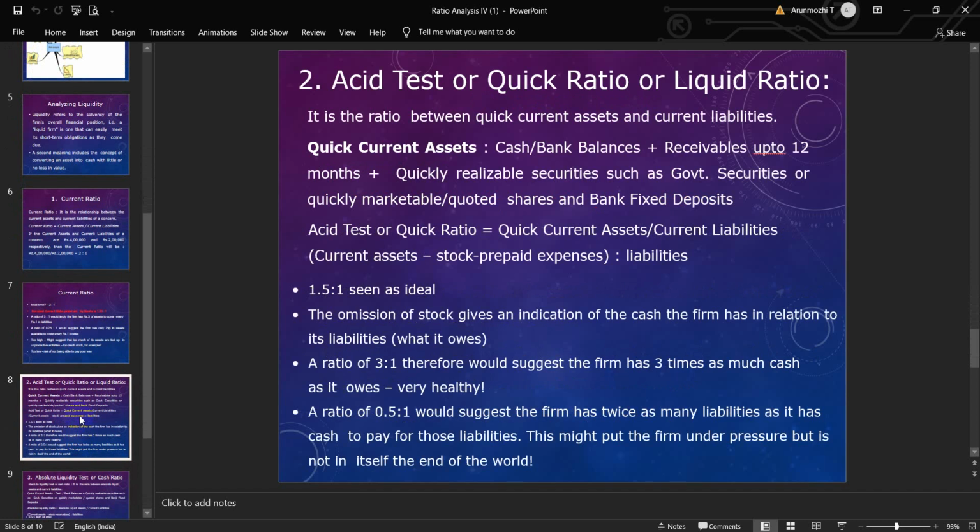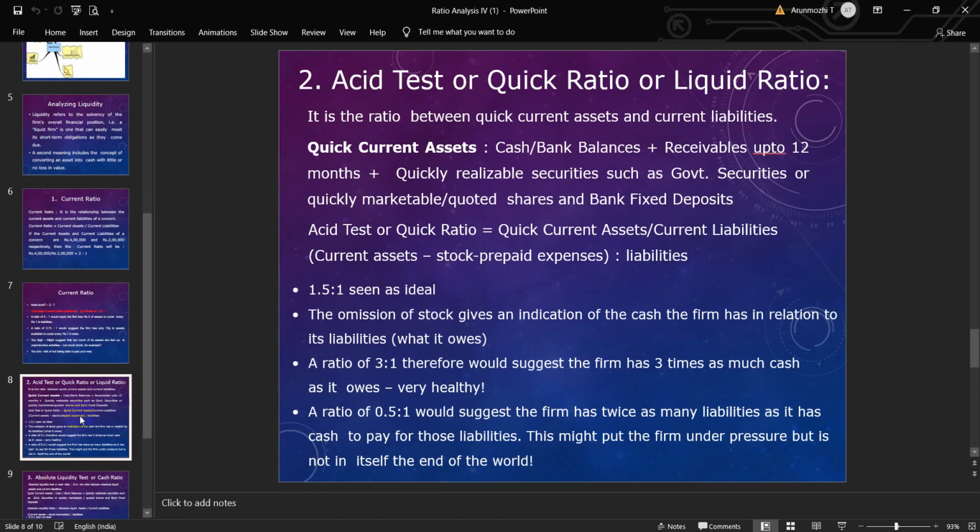Next ratio which we pass on to is acid test ratio, quick ratio or liquid ratio. It is a ratio between quick current assets and current liabilities. Quick current assets are cash or bank balances plus receivables up to 12 months plus quickly realizable securities such as government securities or quickly marketable or quoted shares and bank fixed deposits.